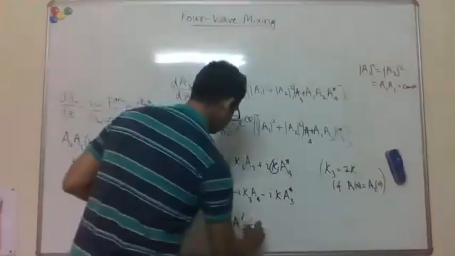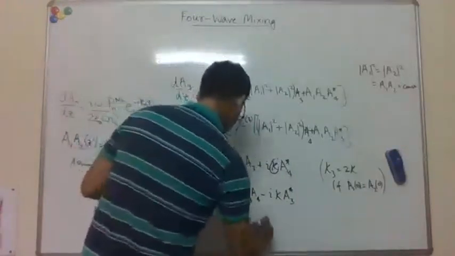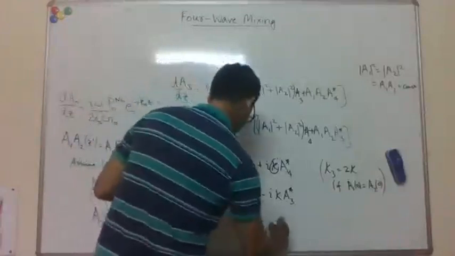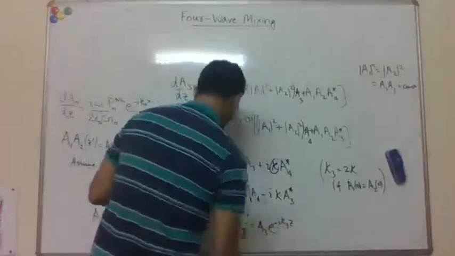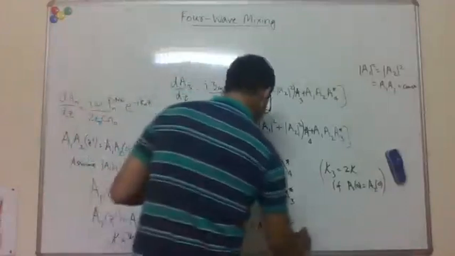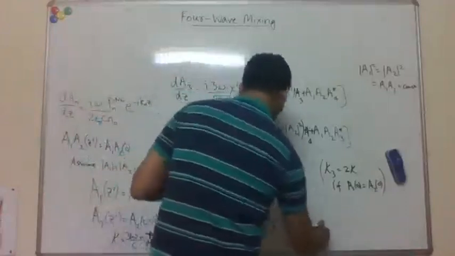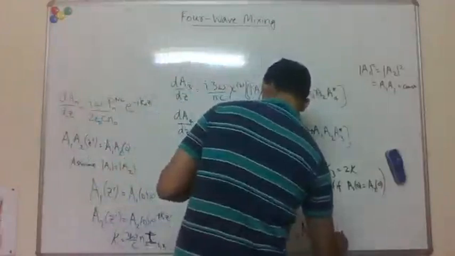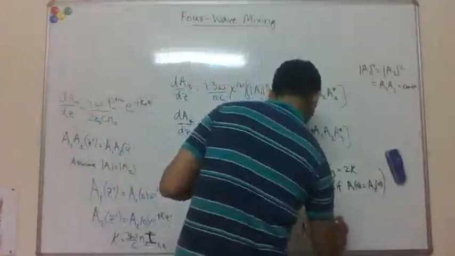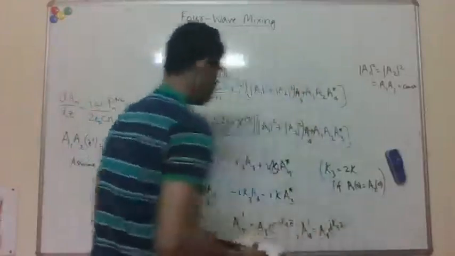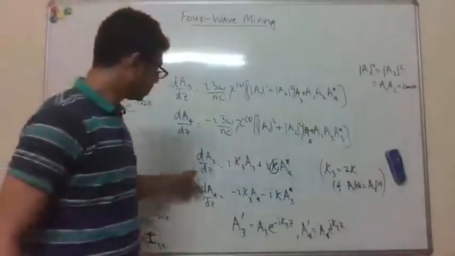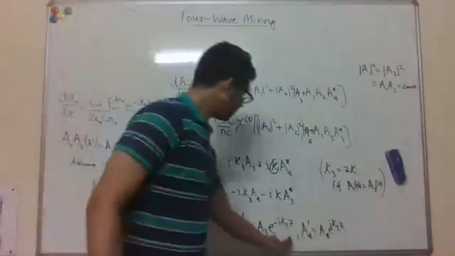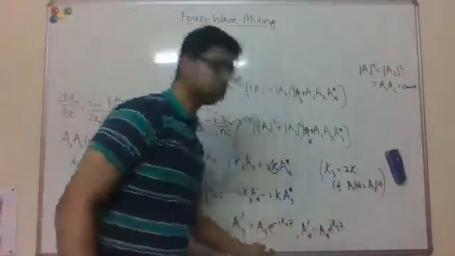So if we do A3 prime is equal to A3 minus i kappa 3 z. And similarly, A4 prime. And basically rewrite this equation in terms of A3 prime and A4 prime, which are just the original amplitudes multiplied by some phases, right?